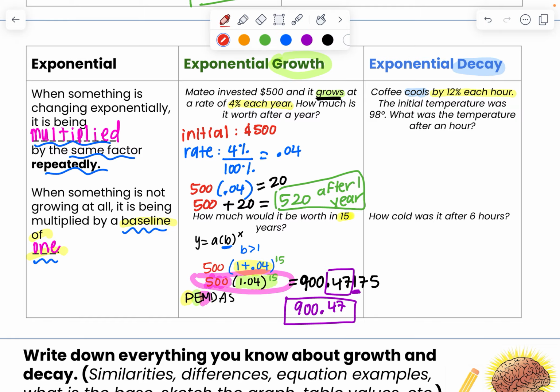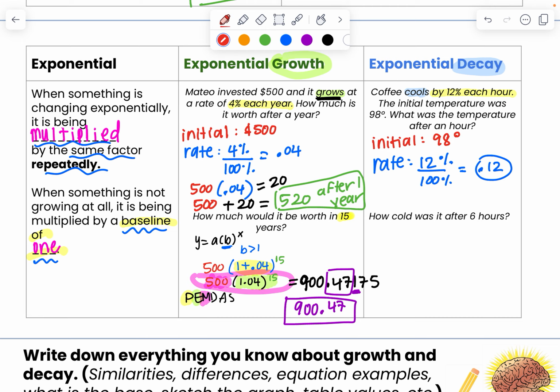So I'll start off with my initial temp, which is 98 degrees. And I want to know the temperature after an hour. So I'm going to need my rate of 12% divided by 100%. That gives me 0.12, okay, as my decimal.